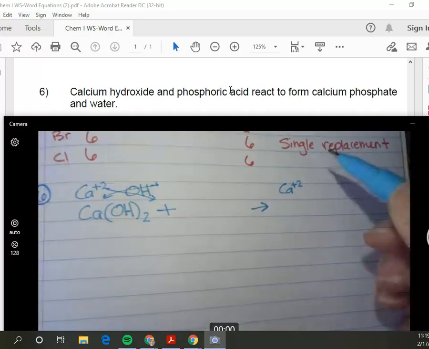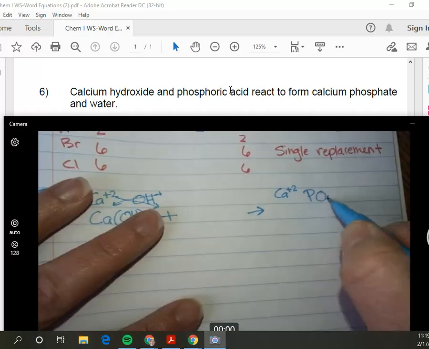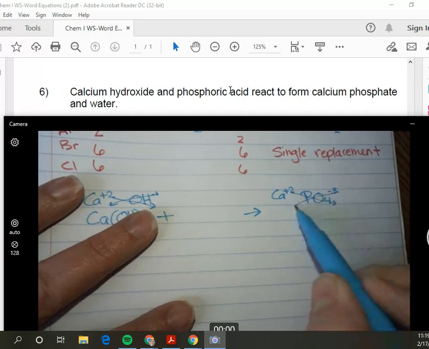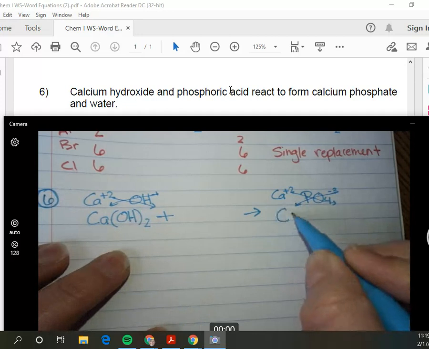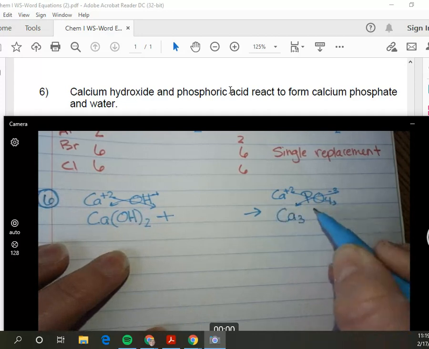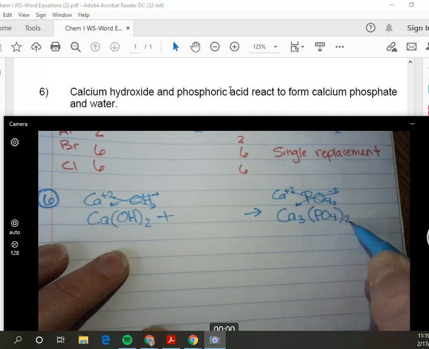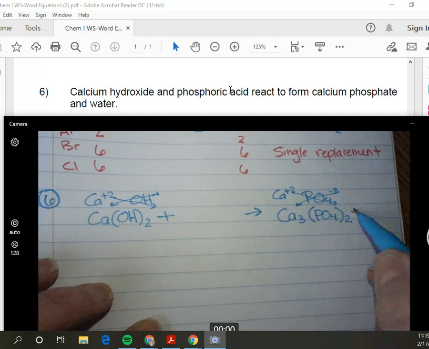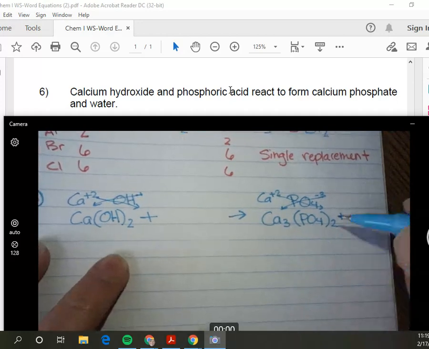PO4, 3 minus. So we're going to come up with this. Calcium, now phosphate needs the parentheses because we're going to put a subscript on the outside. Plus, I'm going to run out of space, water.